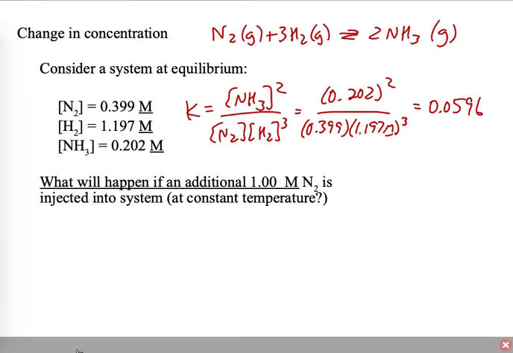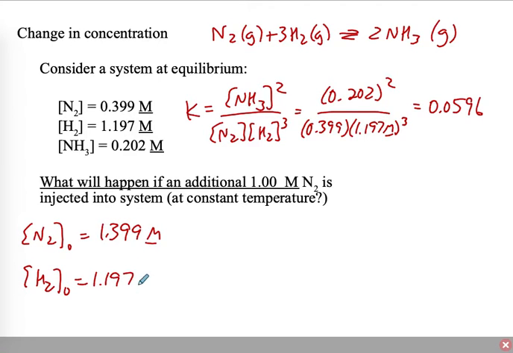Well, I will now have a new set of initial concentrations: 1.399 molar for nitrogen, 1.197 molar for hydrogen, and 0.202 molar for ammonia. Notice that the initial concentrations of hydrogen and ammonia are the same, but the concentration of nitrogen has increased by 1 molar.